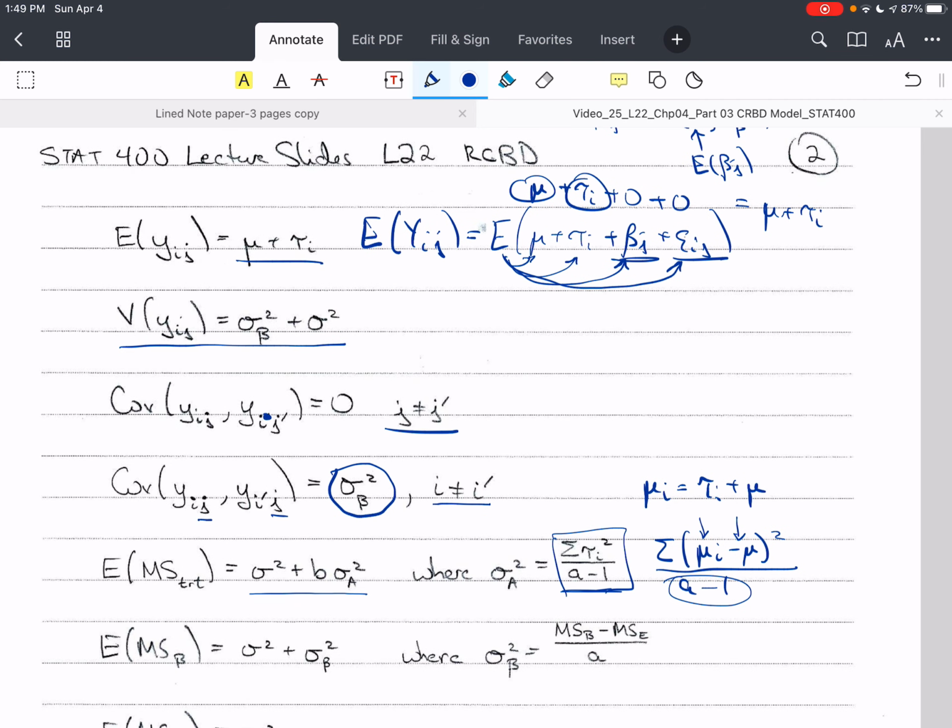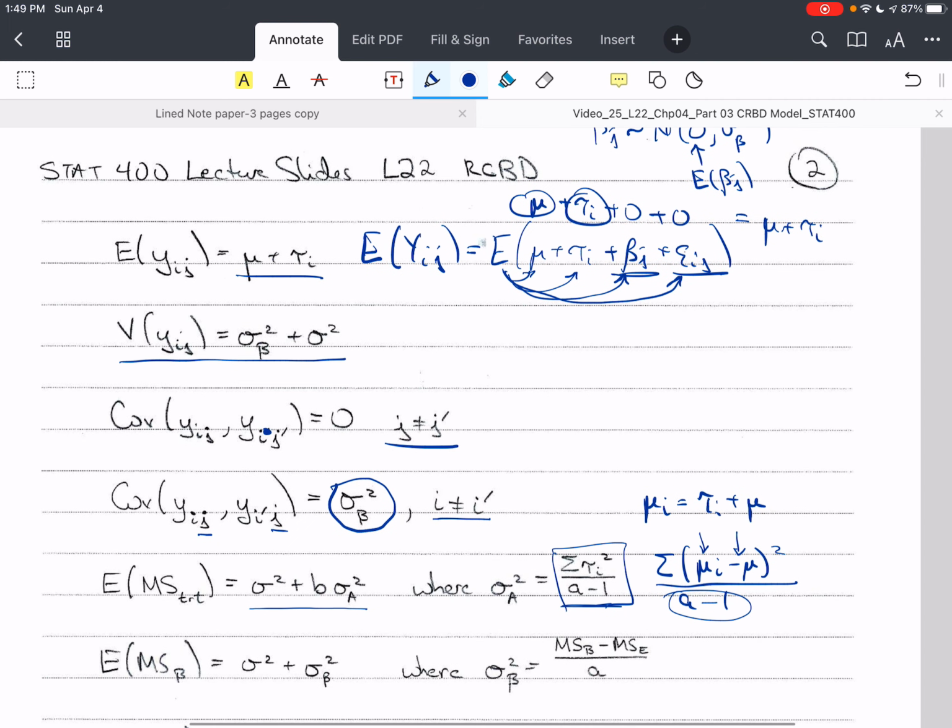And then we have the expected value of the mean square for beta. These are independent, so we end up with sigma squared plus sigma sub beta squared. And sigma sub beta squared is a point estimate that can be obtained with the method of moments. It's a method of moments estimator.